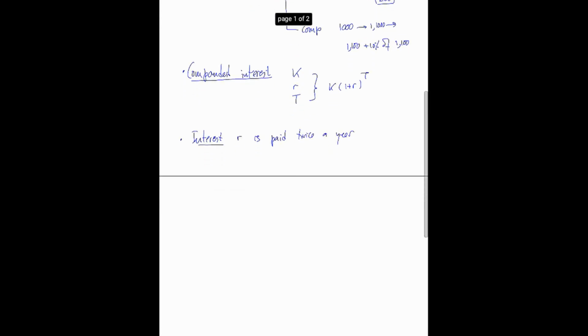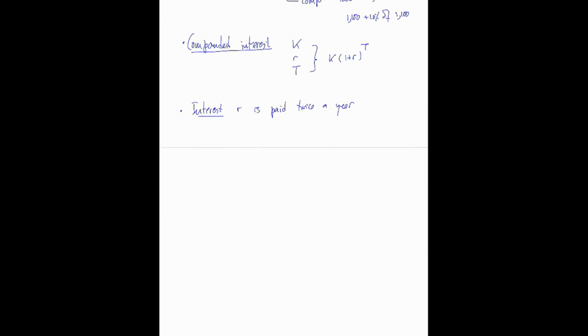In that case, at the end of the first semester you get K times (1 plus R over 2), and at the end of the second semester another factor of (1 plus R over 2). So at the end of 1 year you get K times (1 plus R over 2) squared, and for T years you get K times (1 plus R over 2) to the 2T.